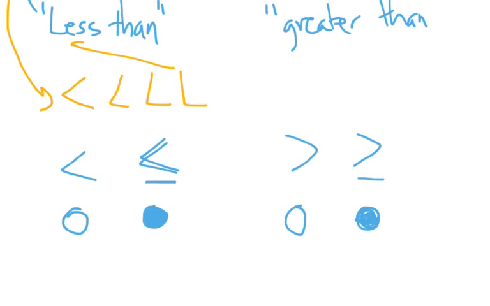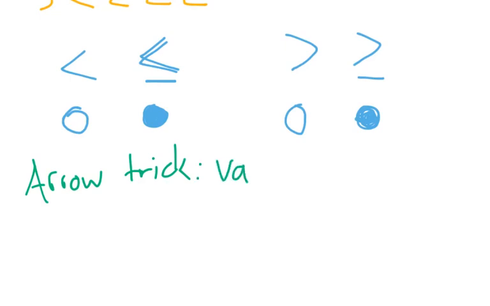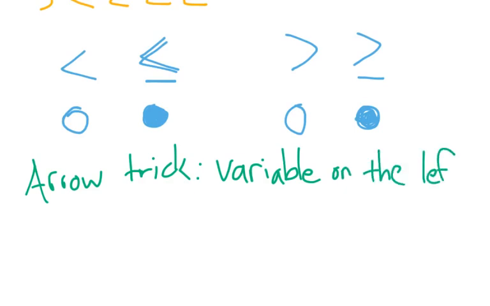The final fine print detail I want to give you is a trick, and it's what I call the arrow trick. I'm going to use a different color here. Now, there's a catch with this: it only works with the variable on the left.